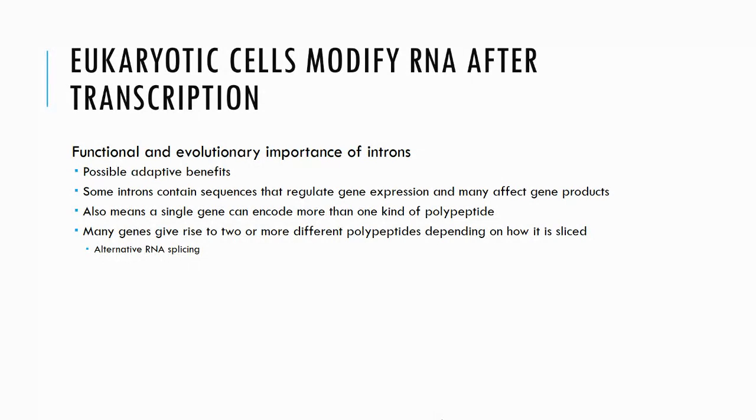So it could be that depending on the way it's spliced, maybe there's like 3 different polypeptides that can be made from one pre-mRNA. Many genes will give rise to 2 or more different polypeptides depending on how it's spliced, and that's what we call alternative RNA splicing. It's alternative because depending on which way you splice, you're going to get a slightly different polypeptide.